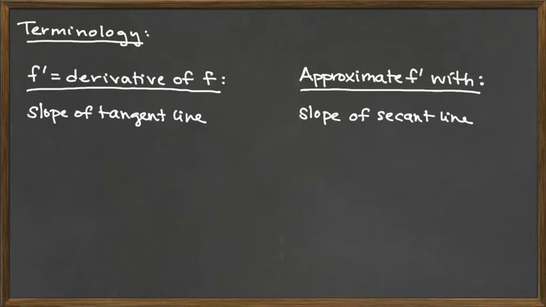The other thing that you'll hear about in some application type problems would be something called instantaneous rate of change.